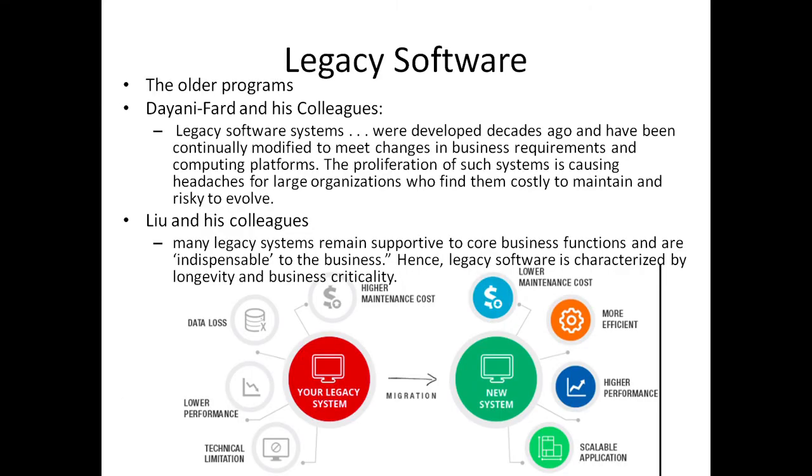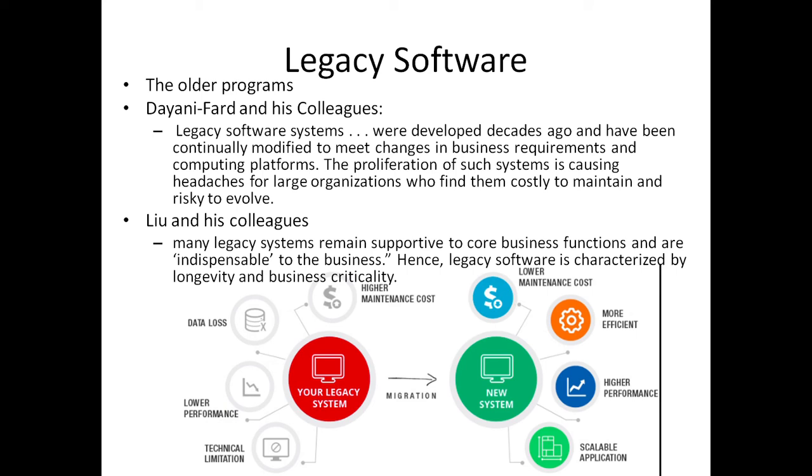Next is legacy software. Legacy means old. Legacy software is the older programs. There are different definitions given by different authors about legacy software. Diane Fad and his colleagues say that legacy software systems were developed decades ago and have been continually modified to meet changes in business requirements and computing platforms.